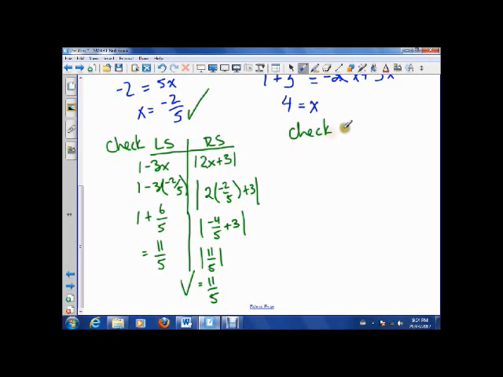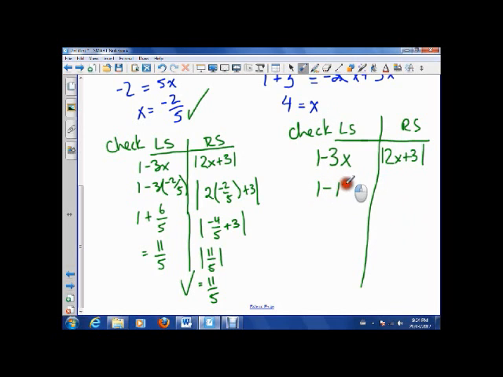On the other side, we're going to do the same thing, 1 minus 3x, and we're going to do 2x plus 3, absolute. So 1 minus 3x is 1 minus 12, negative 11, and over here we get the absolute value of 2 times 4 plus 3, 11.